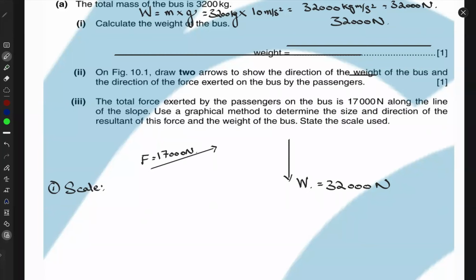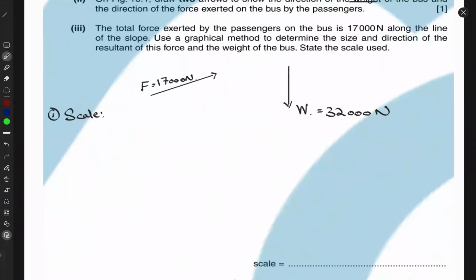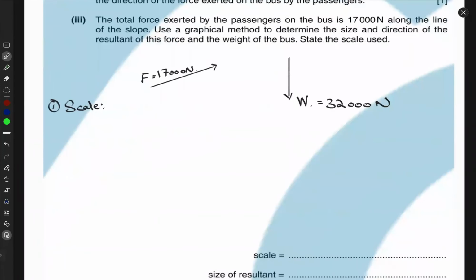So in your opinion, looking at these two vectors, what would be a proper scale at this point? What scale can I use, saying that this many newtons is equal to this many centimeters?